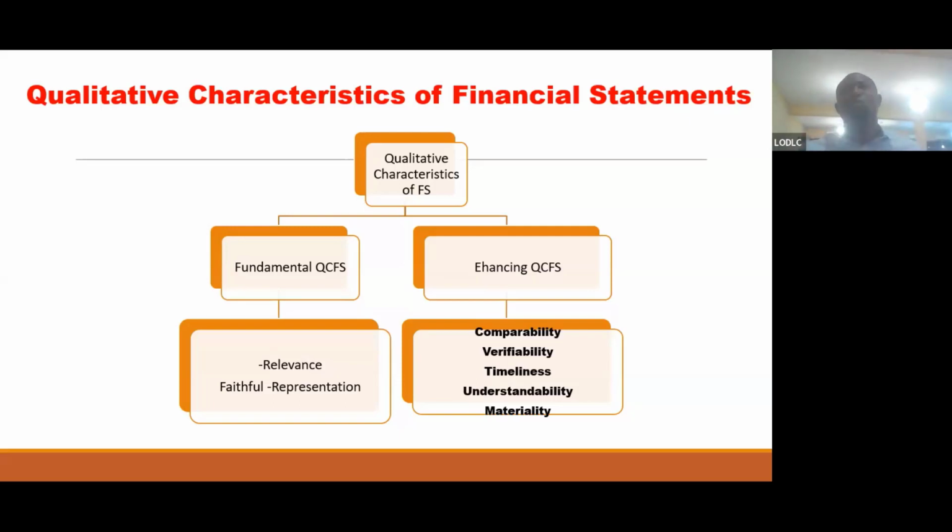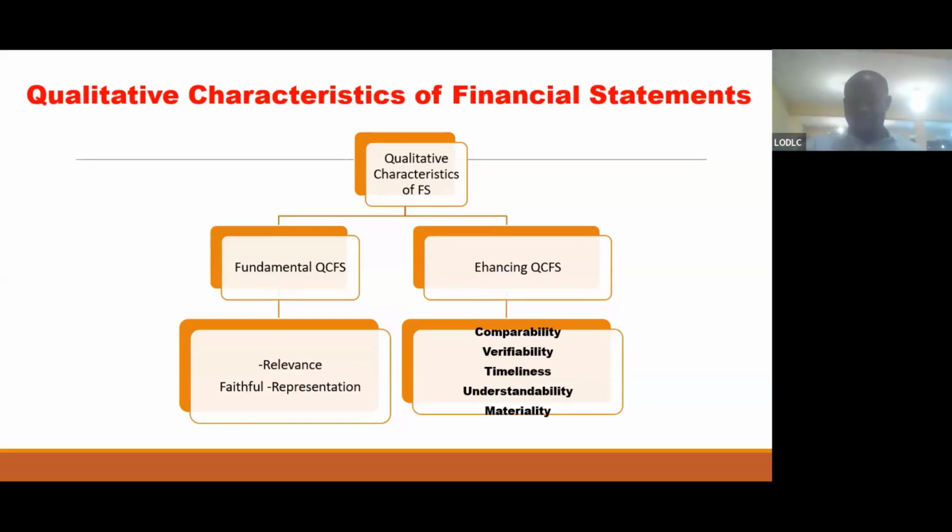So then you should be able to compare the performance of an organization over years. For instance, when you look at a financial report of a company for 2022, in that particular report, they will give you a report of 2021. That shows that you should be able to compare the report of 2022 to the report of 2021.